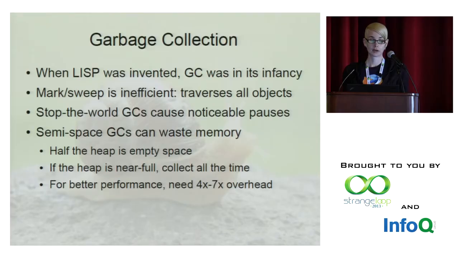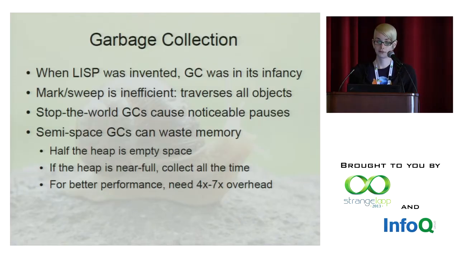And they used a mark sweep garbage collector, which was fairly inefficient because you needed to traverse all of the objects that were allocated in order to find out which ones were still live. Also, stop the world GCs, garbage collectors that can introduce a pause when they interrupt your program to do garbage collection. And there were also semi-space GCs, copying garbage collectors, that were invented shortly after.